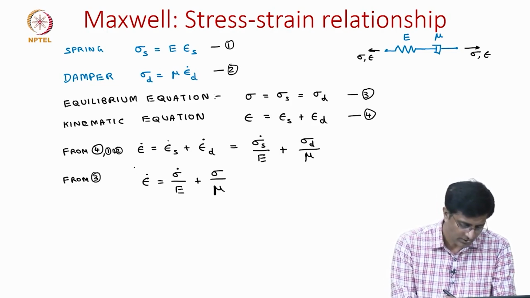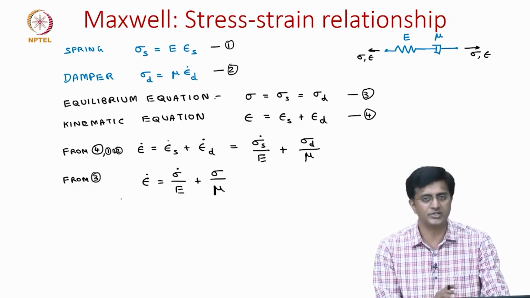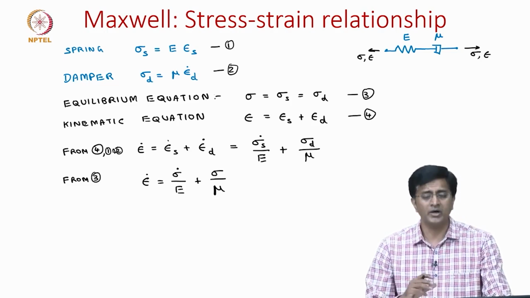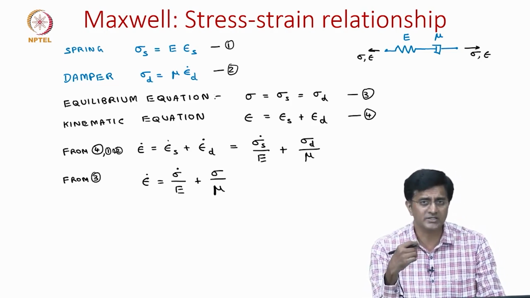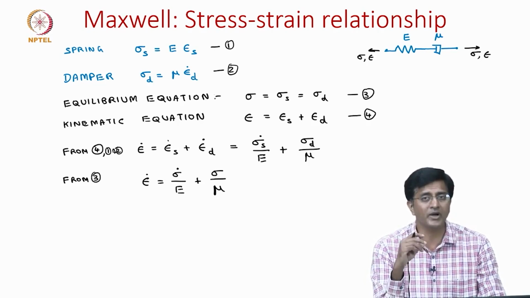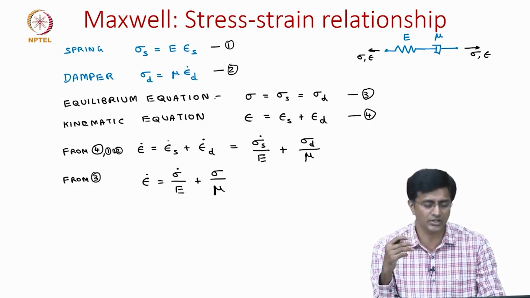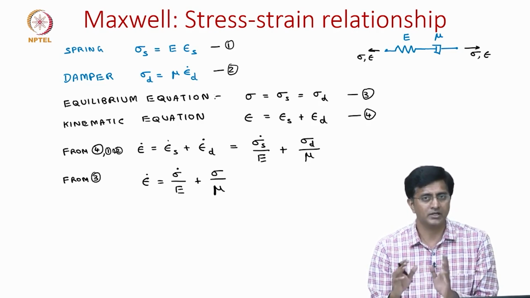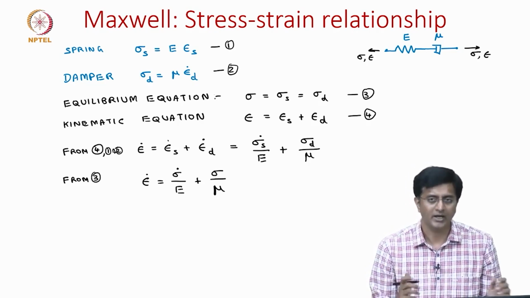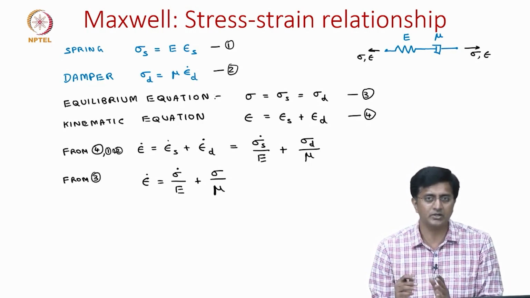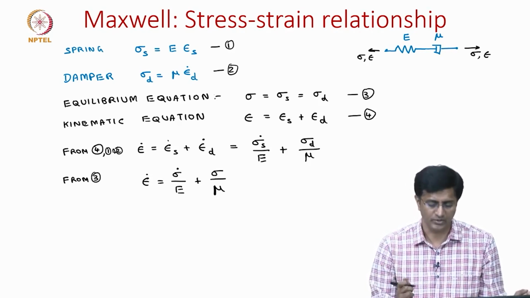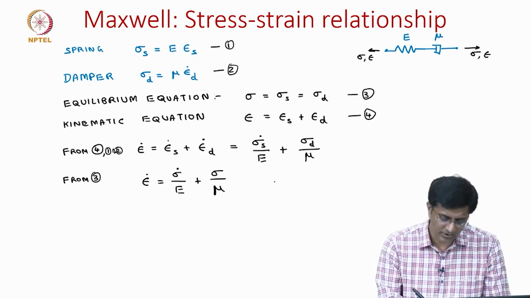This gives us the relation between the stresses and strains in the Maxwell model. But usually in the viscoelastic literature there is a particular format in which we write these equations. We bring all the stress terms to the left and the strain terms to the right, and whenever we write these quantities we go in ascending order of the time derivatives. So, this is usually written in the standard format.